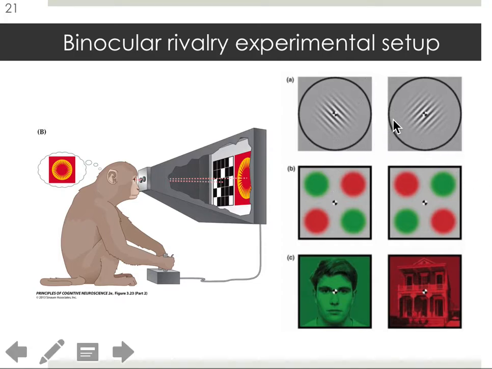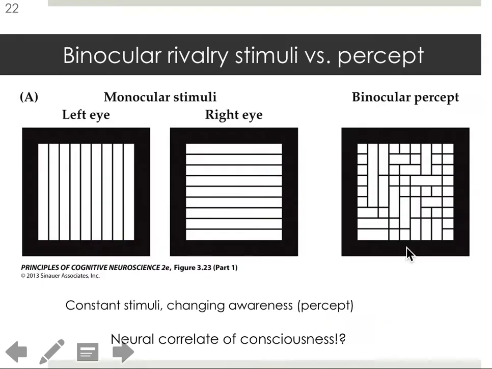These are some examples of different visual stimuli that are coming in. Here is another possible set of stimuli: the left eye gets a stimulus like this and the right eye gets a stimulus like this, horizontal and vertical. The percept when looking through both eyes can either flip back and forth between what's seen in the left and right eye, or emerge as a blend between the two.